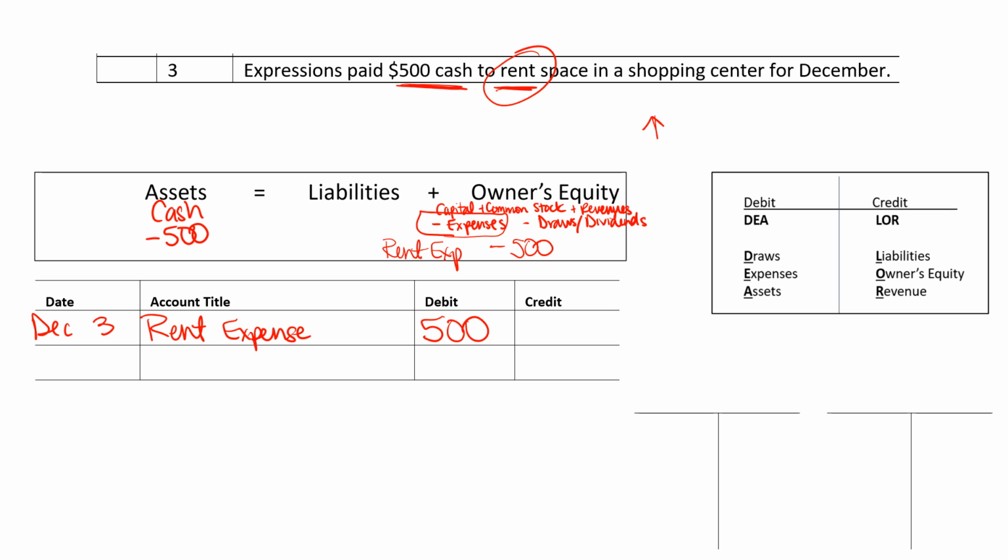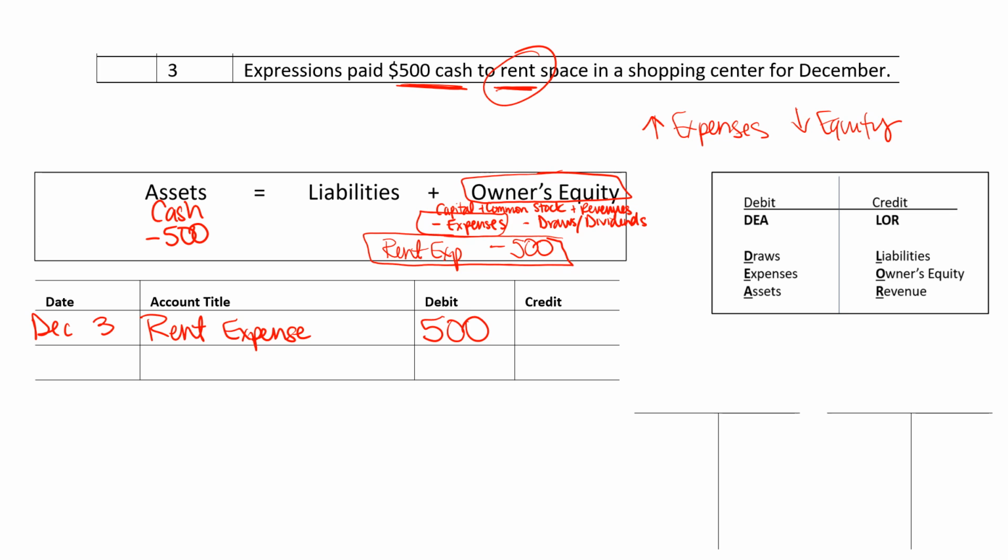But as expenses increase, overall, that makes owner's equity decrease. So that's why we have a negative 500 here, showing that owner's equity is decreasing by $500, just the same as cash is decreasing by $500.